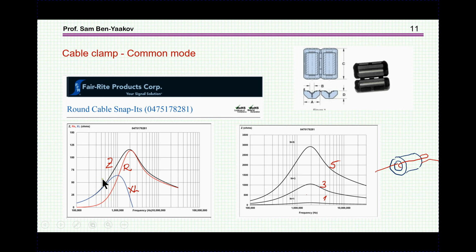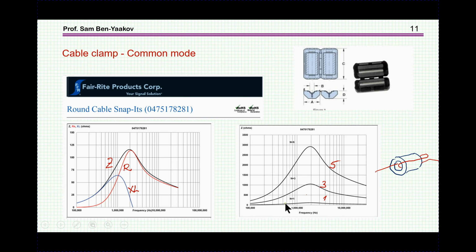We have here the XL, we have here the resistive part, and then this is the total impedance, which is the phasoric sum of these two. Now in case you have more than just one turn, when you wrap it around, then of course the inductance will go up as n squared.